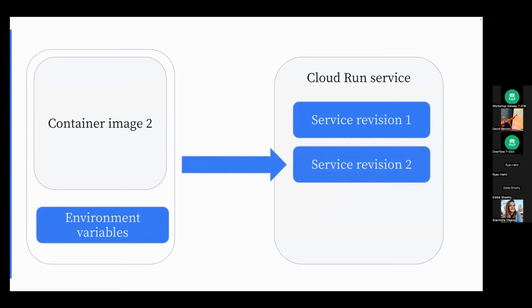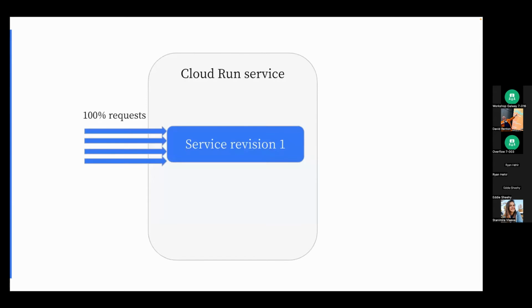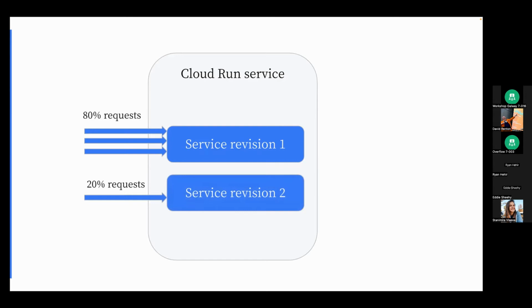Well, this is configurable, and this is actually pretty cool because we can configure things such as gradual rollout or even rollbacks, because this revision over there never goes away. So if we want to have 100% of requests going to service revision 1, and then revision 2 comes in, we might want to redirect just 20% of the new requests until we are sure that everything is working correctly.